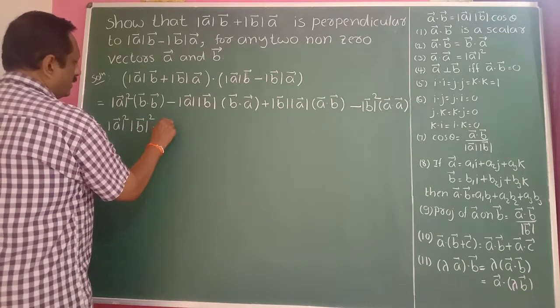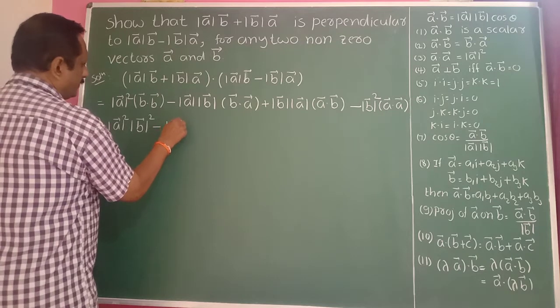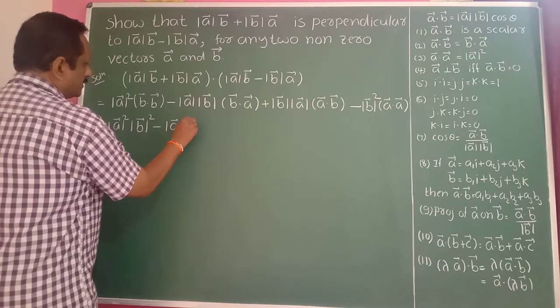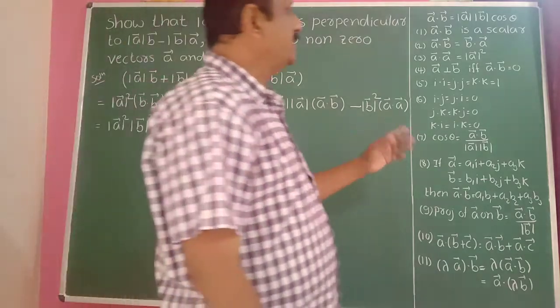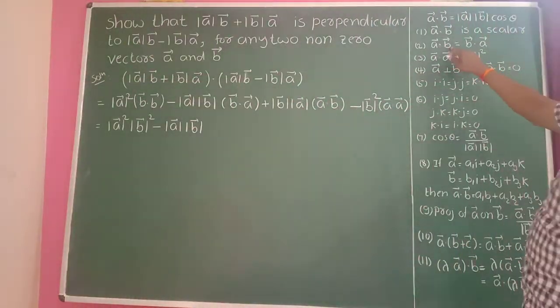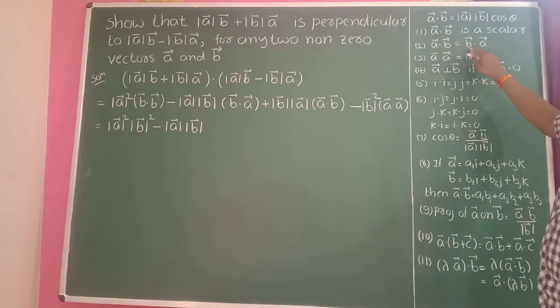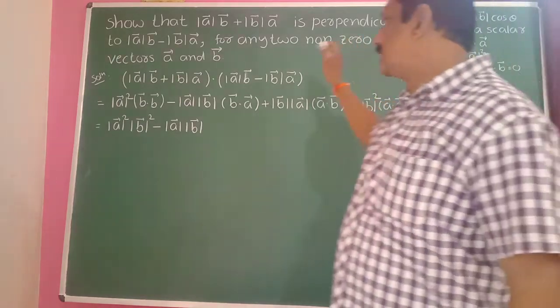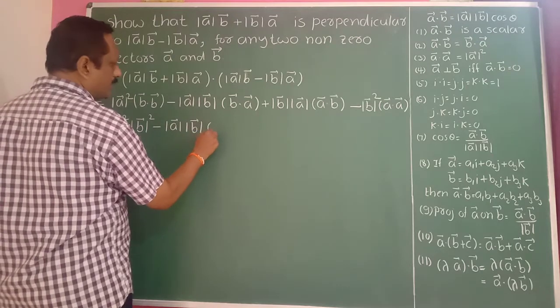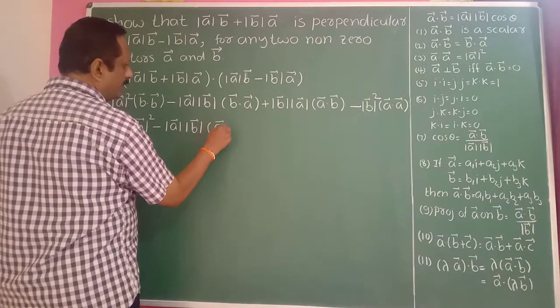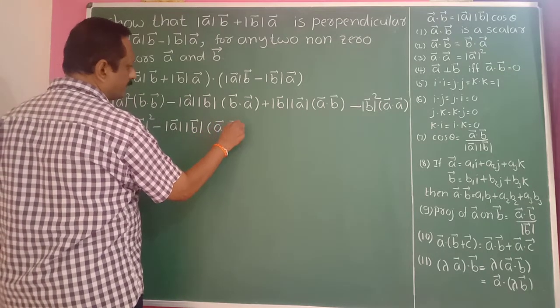Minus of modulus of a bar into modulus of b bar here. And you know that dot product is commutative. A bar dot b bar is equal to b bar dot a bar. Commutative property is satisfied here. B bar dot a bar can be written as a bar dot b bar.